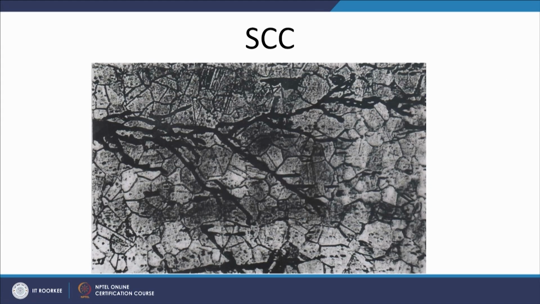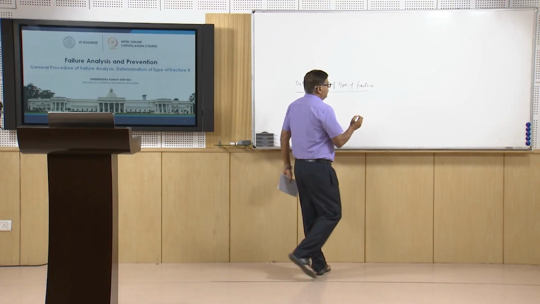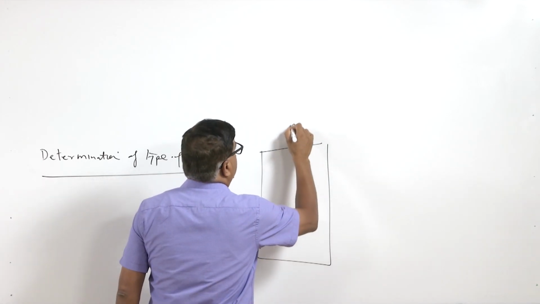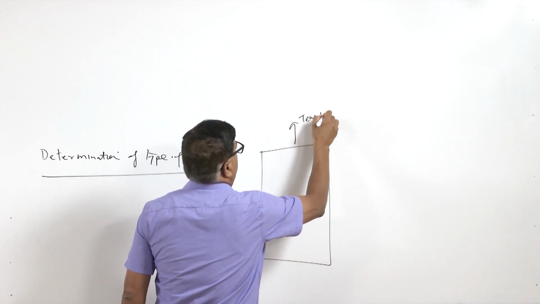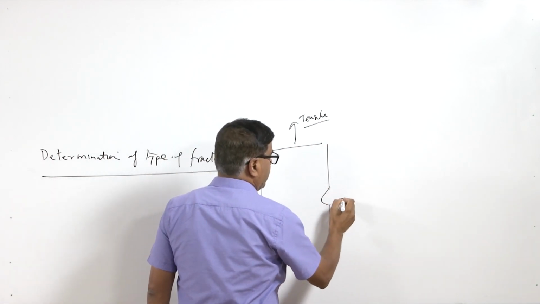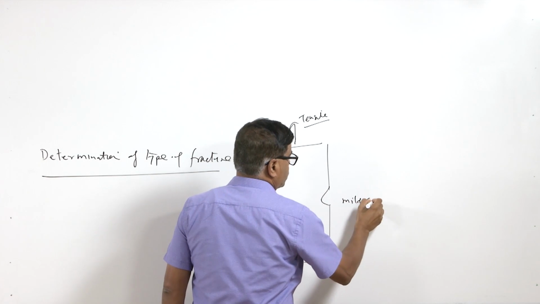And we know that stress corrosion cracking is another one, and it is very dangerous also, because the metal systems are subjected to tensile load and the component is also exposed to mild corrosive media.